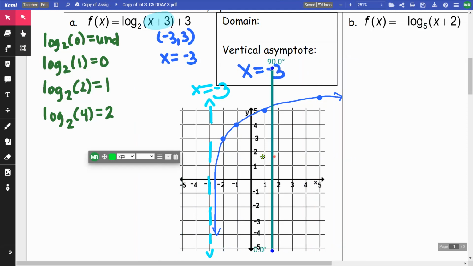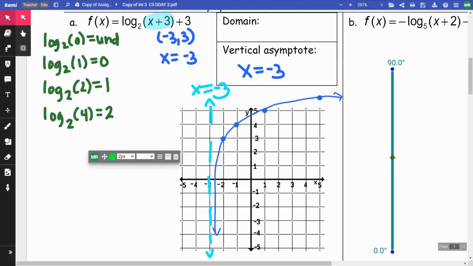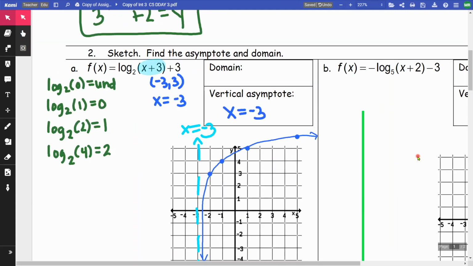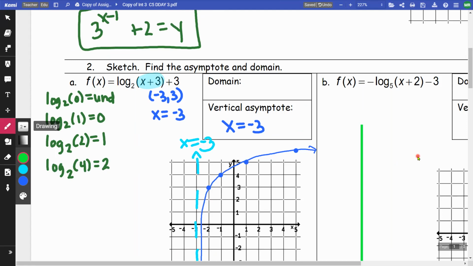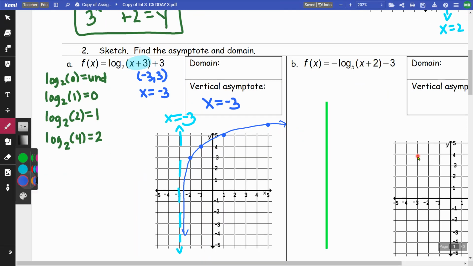So the furthest to the left this graph goes is here at -3, but it doesn't touch -3. So I'm going to have an open bracket. And the furthest to the right this graph goes is it keeps going forever and ever and ever to infinity. Okay. So my domain is going to be open bracket -3 to infinity.